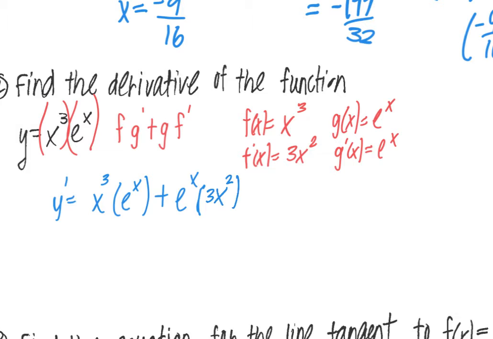And a lot of you left it like this. I'll take it like that, but I'd rather you pull out that GCF to get a final answer of, let's see, there's an x in both, and the lowest power you have is x squared. And then both have an e to the x, so you could be left with x plus 3.